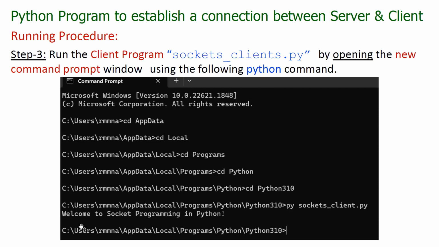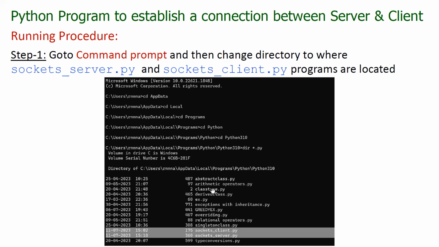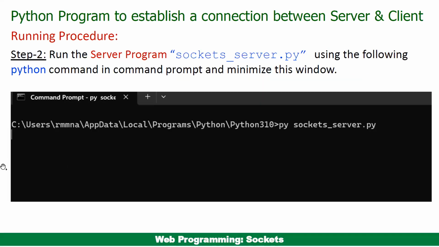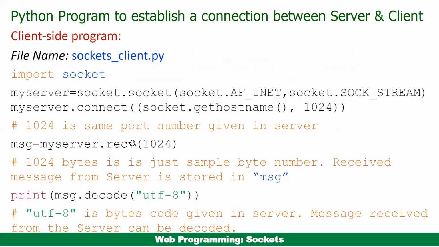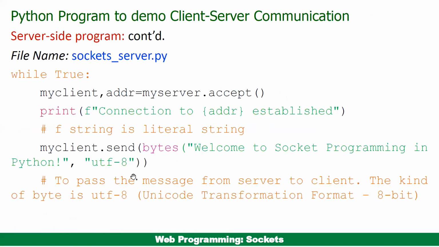So under the client side, welcome to socket programming in Python is displayed. After that, again you can go back to the server side. Initially, after running the server program, nothing is displayed. Then after running the client program, come back to the server side. Then here the address will be displayed. So on the server side, the print statement, connection to so and so address established.